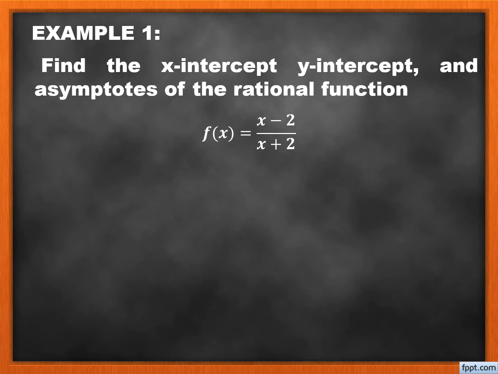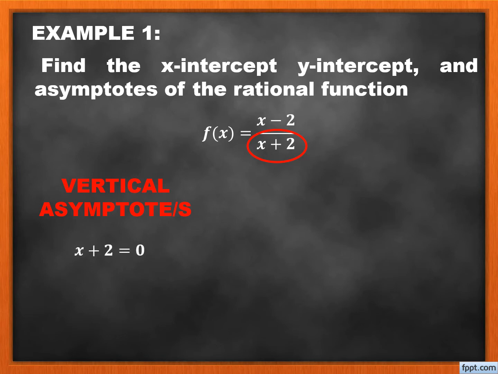Now, using the same function, we're going to find now the vertical asymptotes and the horizontal asymptotes. Let's start with the vertical asymptotes. Now, using the factors or the denominator of our function, in this case, we have x plus 2, and make sure na wala siyang kamukha sa numerator, we're going to equate it to 0.